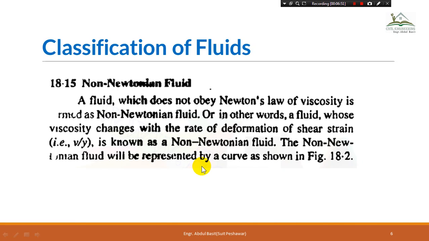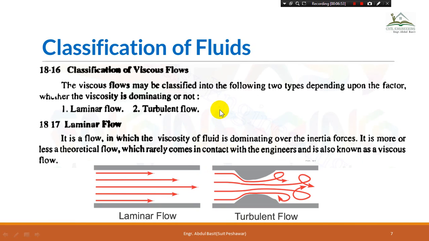Okay, then coming to the classification of fluids regarding its types of flow, or viscous flow. So viscous flow may be classified into the following two types depending upon whether the viscosity is dominating or not.